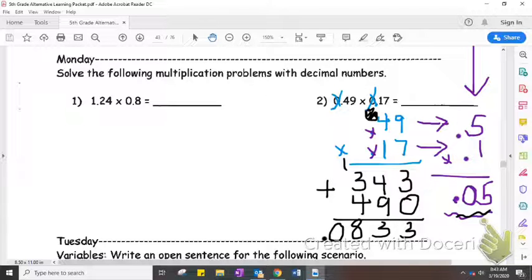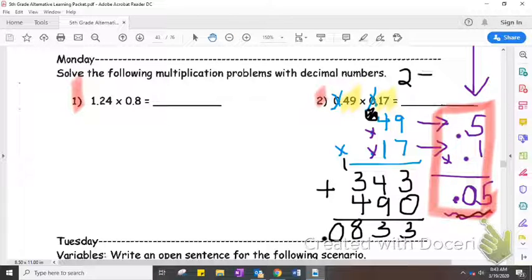Now, I forgot to mention in the first one, but I will do it here because it helps, especially if this whole thing confused you. We did learn a trick this year about figuring out where to put the decimal point. We can look at each of the factors. In 49 hundredths, there are 2 digits to the right of the decimal point. 17 hundredths, also 2 digits. 2 and 2 make 4.